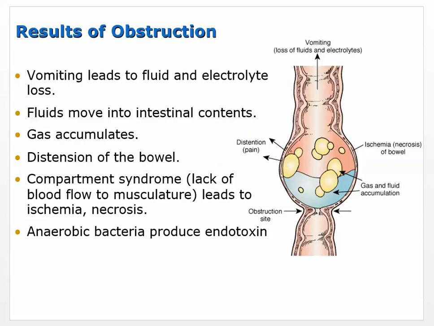So what are the results, what does it do? Remember that borborygmus and the gurgling. Well, first of all, it can cause vomiting, and vomiting can lead to dehydration and electrolyte loss. Fluids will move into the intestinal contents, so you have the accumulation of fluid, and you may have the accumulation of gas.